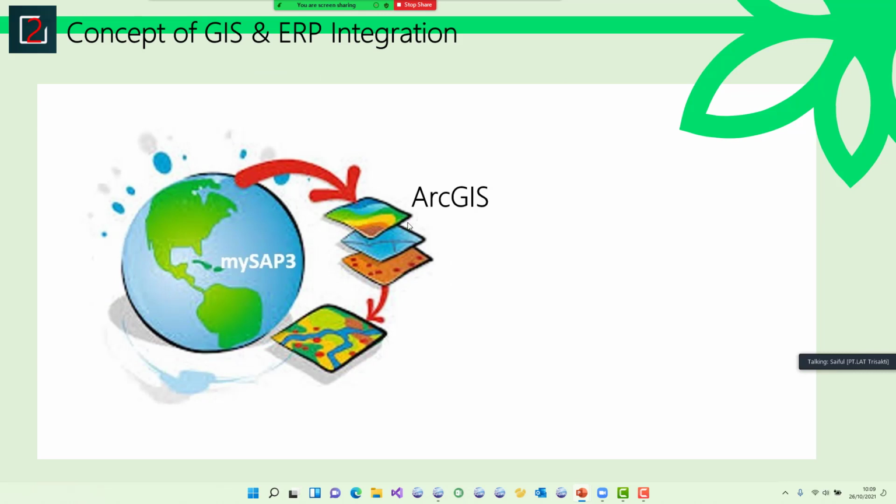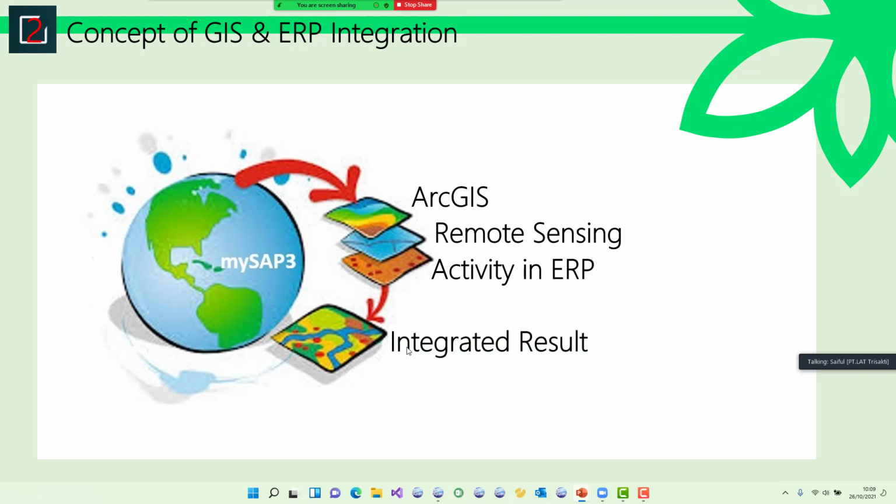The first layer is from ArcGIS file. And the second layer is remote sensing, real time. And the last layer is data activity in ERP, like the data harvesting, data manuring, and upkeep labor data. From three combined layer files, we got the integrated result.